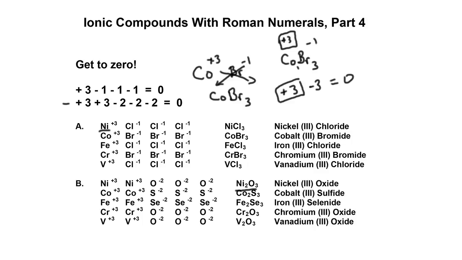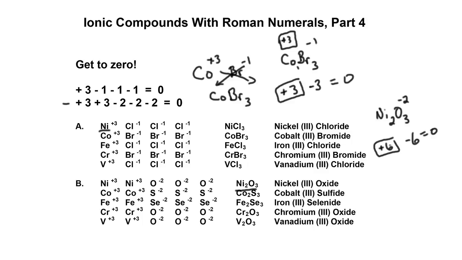Nickel(III) because we're using the +3 ion. So if we have nickel and we have Ni2O3, and you know that it's nickel(III), remember oxide is a -2 charge, times 3 is -6. We have to get to 0. A +6 makes this happen.